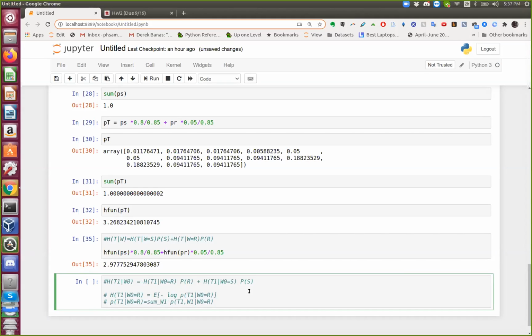Is that clear? So this will give me this, right? And of course, my W1 only has 2 states, so it's kind of easy. I have a state equal to sunny, and also a state equal to rainy, right? Now I can expand each of these here.